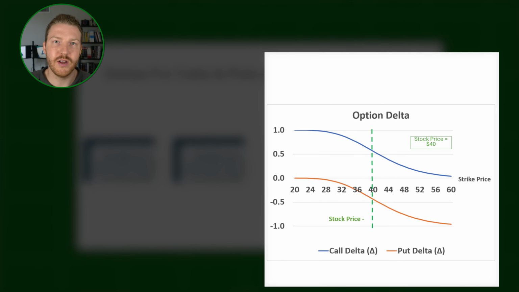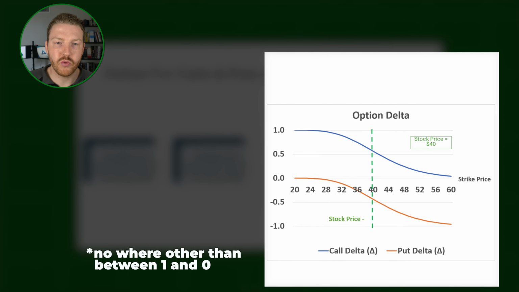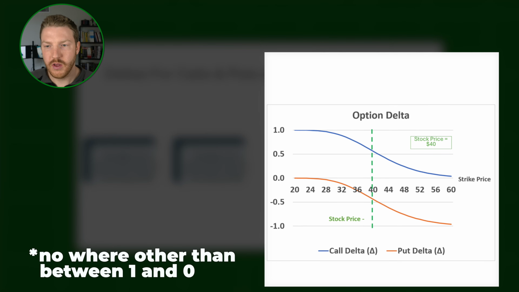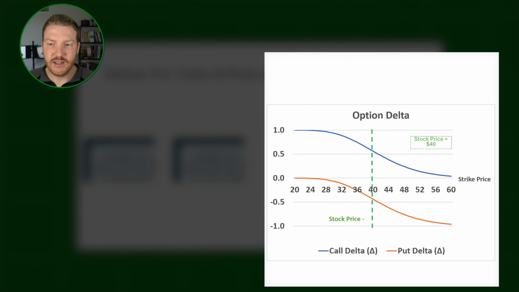You can see that there is no point on this blue line where the value is anywhere between 1 and 0. You can also see that as the strike price is lower or closer to 20, that call delta approaches 1.